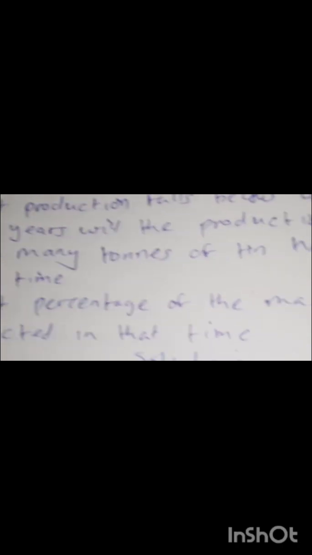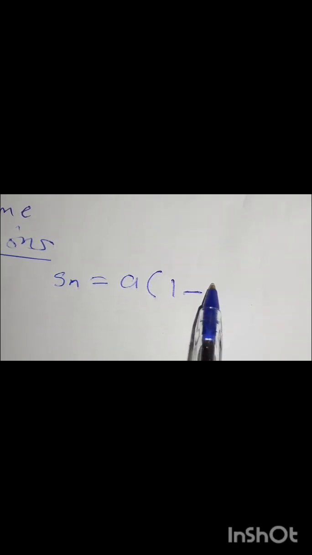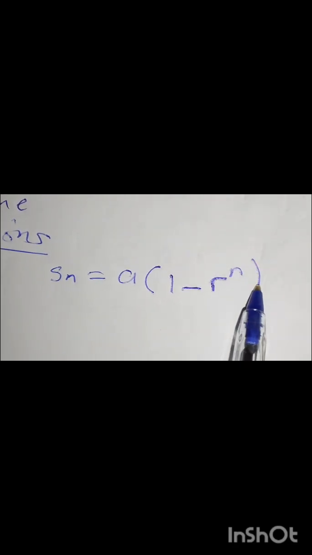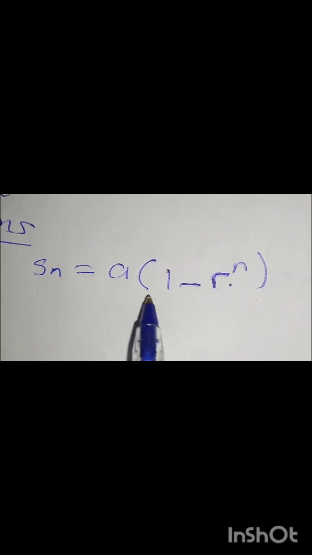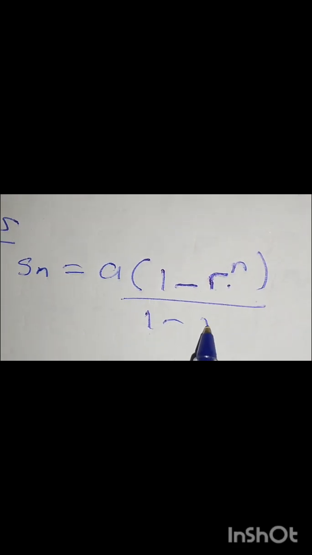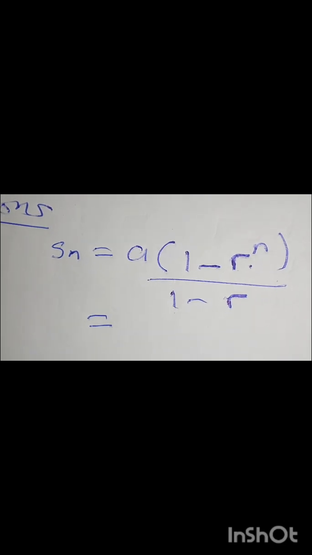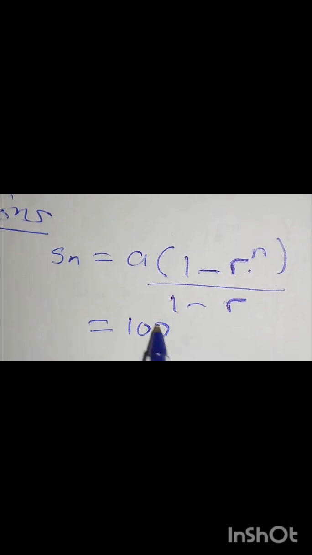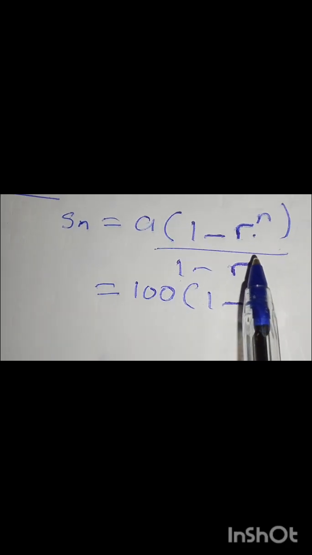The formula is S_n equals a times (1 minus r to the power n) over 1 minus r, because our r is less than 1. What is our a? Our a is 100. What is our r?